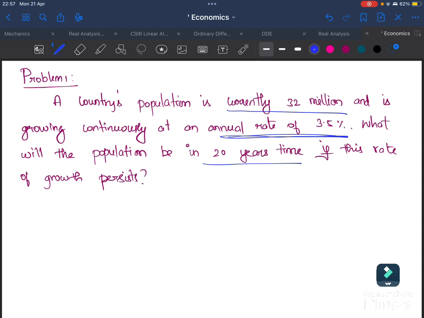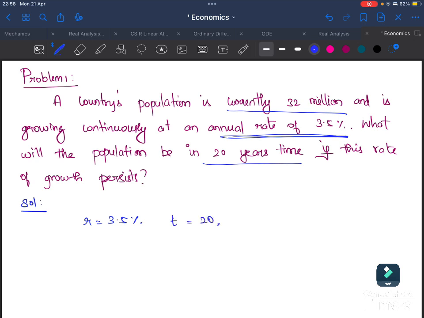If this rate of growth persists, what will be the value? A country's population is currently 32 million, and is growing continuously at an annual rate. So first, after reading this, you can very well write r is equal to 3.5%. Next, t is equal to 20 years.